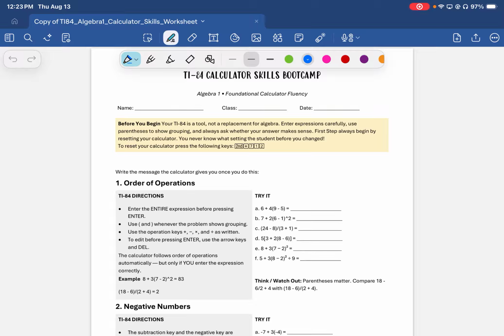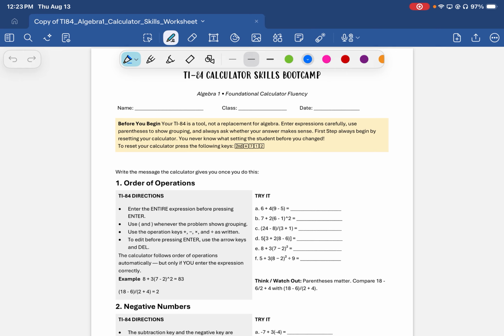So on this paper, we have a column that has the directions to use for the TI-84s. I already have them out in our little bins. These are the ones we're going to use today, okay? And we are going to use these. I have all of the directions we could possibly need next to each section, okay?